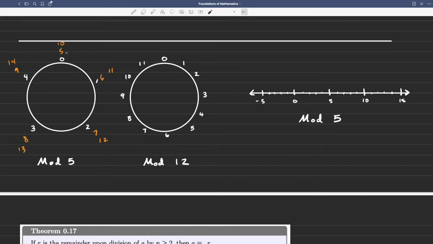And if you think about this in terms of a 12-hour clock, in the second picture, I could do something like, you count around the clock one time, 0, 1, 2, 3, 4, 5, 6, 7, 8, 9, 10, 11, then keep going around, 12, 13, 14, 15, 16, 17, 18, 19, 20, and so on.